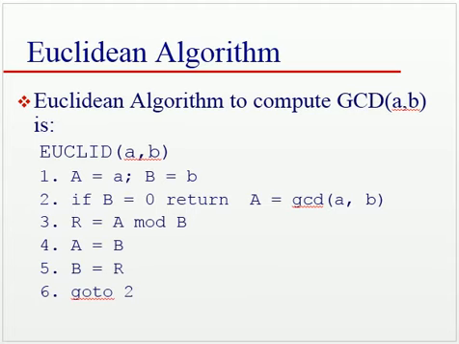If B is equal to 0, then A, that means now it has the value of B, is the GCD of A, B. Otherwise we are again going to calculate this till we get B equal to 0.